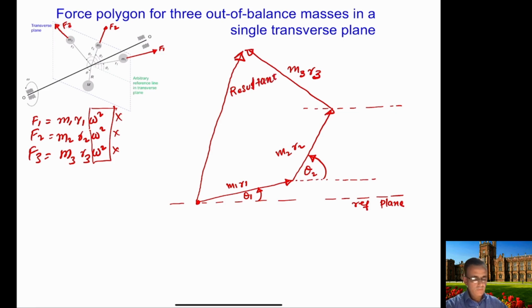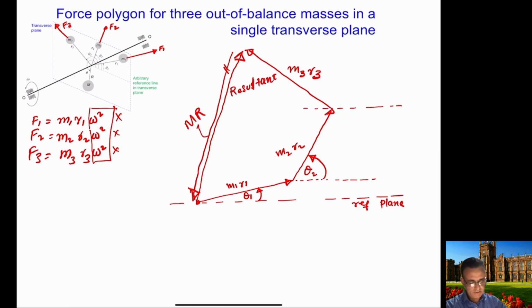But as we said earlier, the balancing force should be opposite to the resultant. So the mr is equal to the resultant but in the opposite direction.